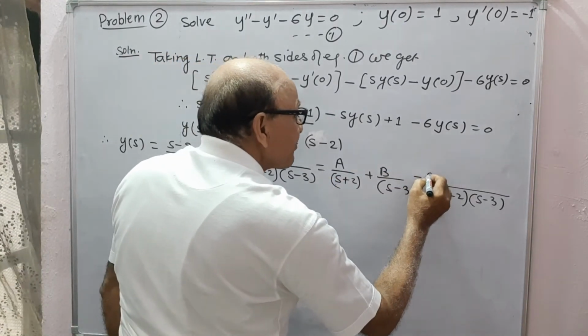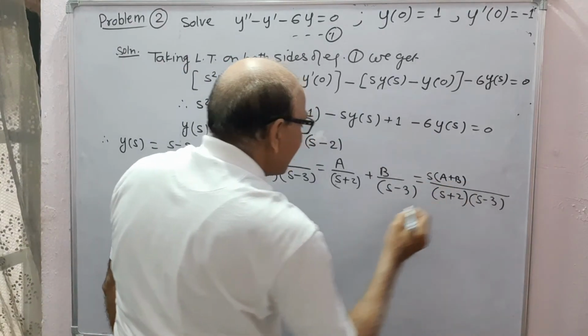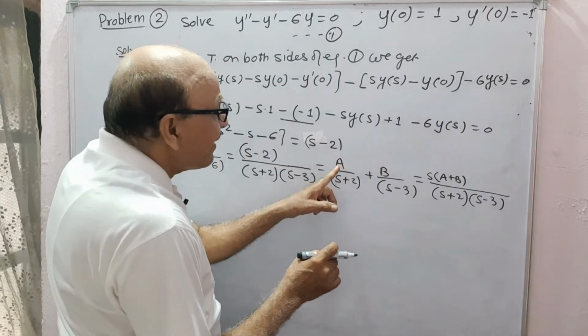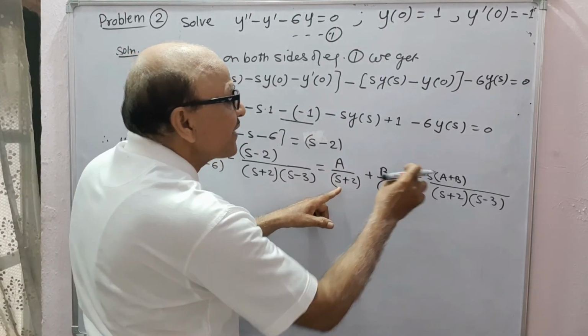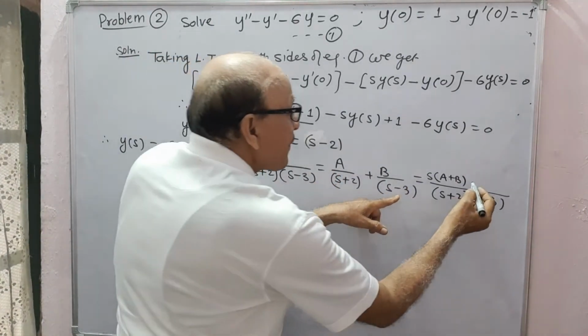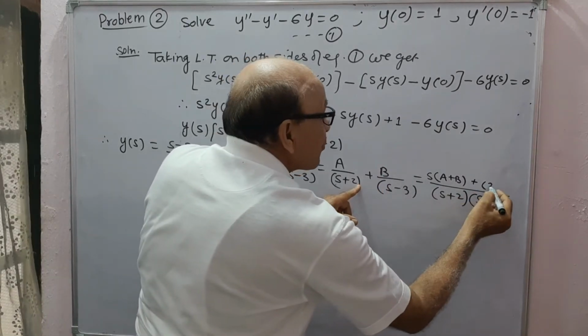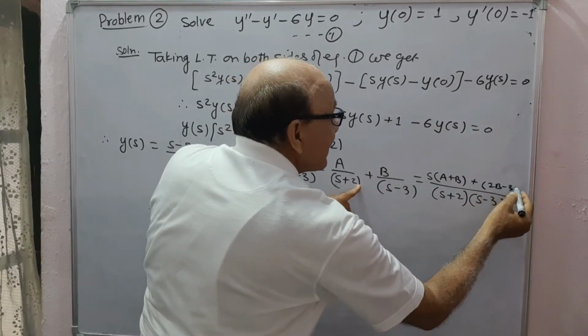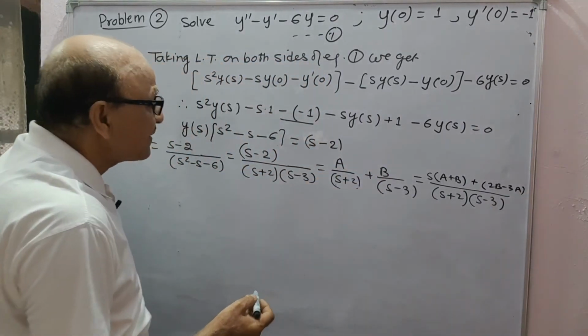So s may be taken common, we get s times a plus b. Now minus 3a plus 2b, that is 2b minus 3a.